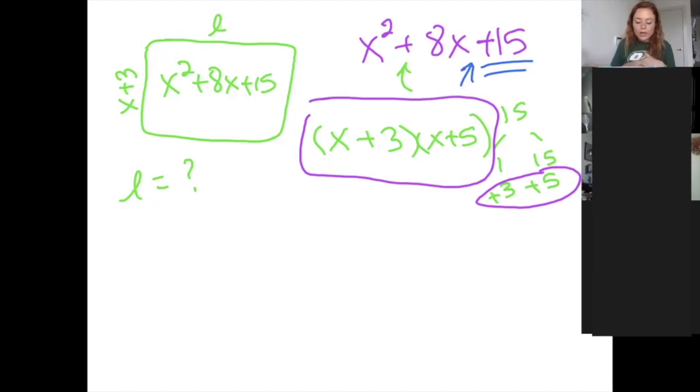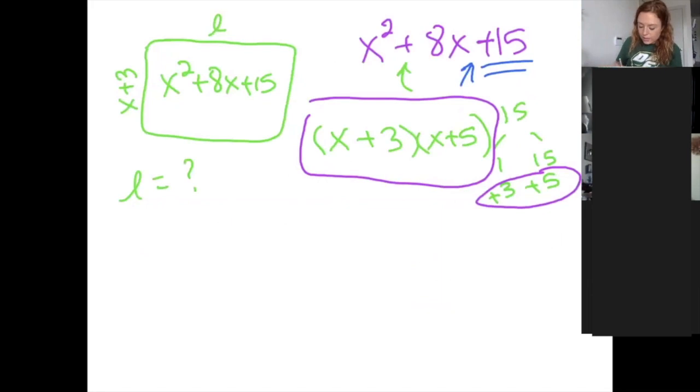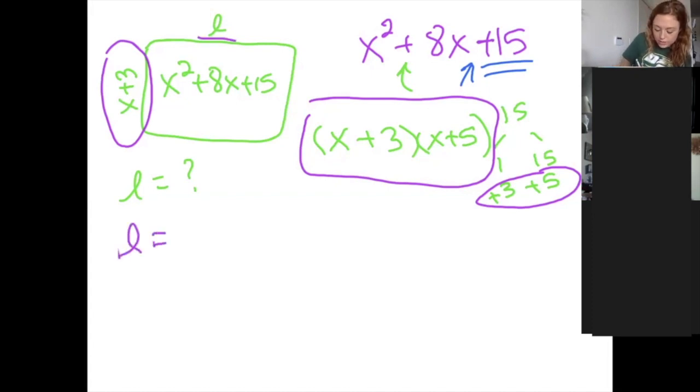If you don't, by all means, do what we just did. You can still do the X method every time. But even looking at it like this, the problem still gave you the width over here, so it only wanted the length. So you still would have just written L equals x plus 5.